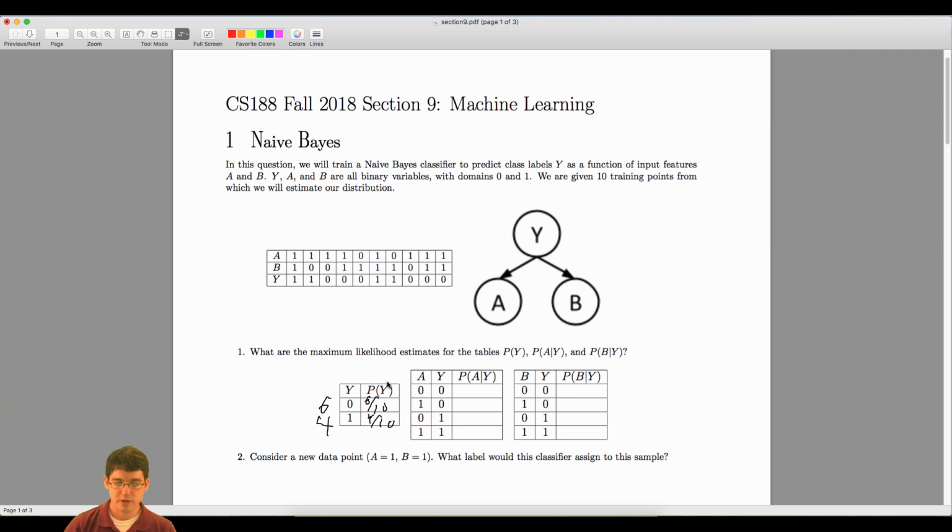Now we're going to do the probability of A given y. And so we're going to similarly use counts from the same table here, but now we're going to look at counts where A and y are equal to the values in the table. So we're going to start off with A equals 0 and y equals 0. And we're going to look in our table up here, and we're going to see that there is only one place where they're both 0. Then we're going to say A equals 1, y equals 0.